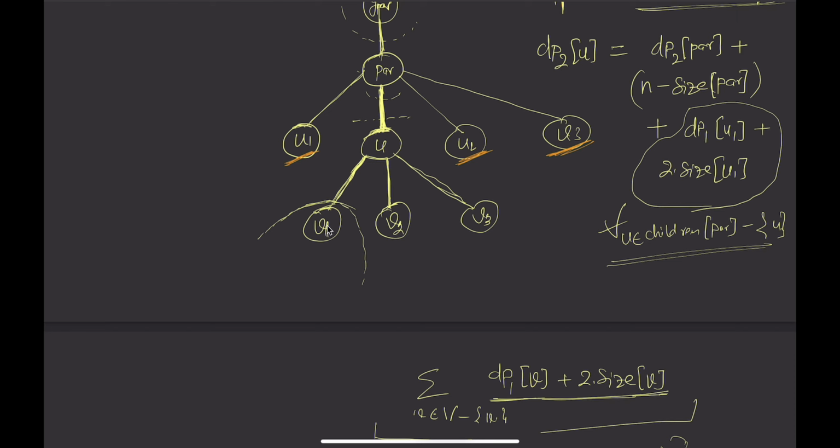Okay, for dp2 of v1, what will it be? It will be nothing but dp2 of u plus n minus size of u, right?